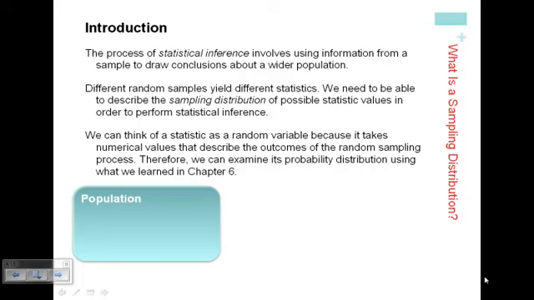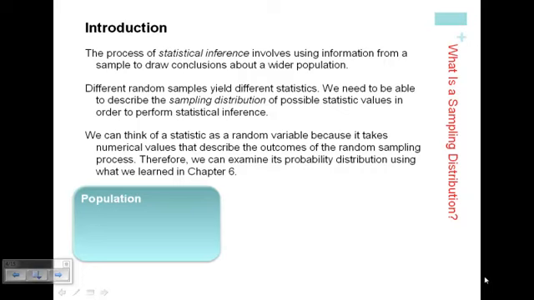So when we do sampling, we don't get the exact number. We can think of the thing that we get out of the sample, the statistic that we get out of a sample, as a random variable. You never know exactly what you're going to get. But at the same time, random variables over many, many, many trials have predictable patterns of behavior. That's what we studied in the last chapter. How do random variables behave?